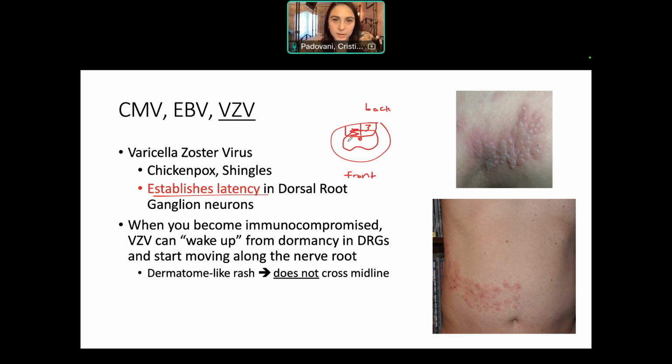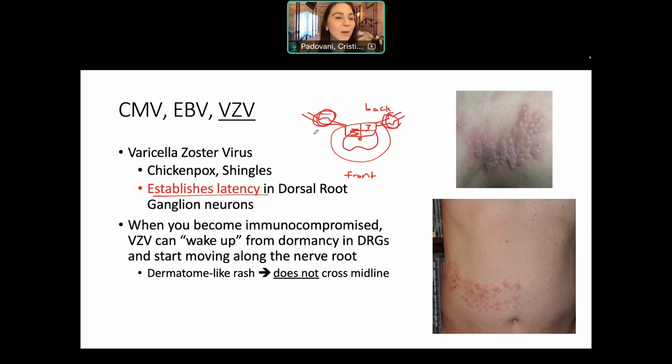Remember we have your dorsal root ganglion, and they bring in sensation like vibration, positional sense, stuff like that. Wow, that one's so much better than that one. All right, whatever. But where varicella zoster likes to hide is within the dorsal root ganglion, back here in these ganglia. It hides there forever.